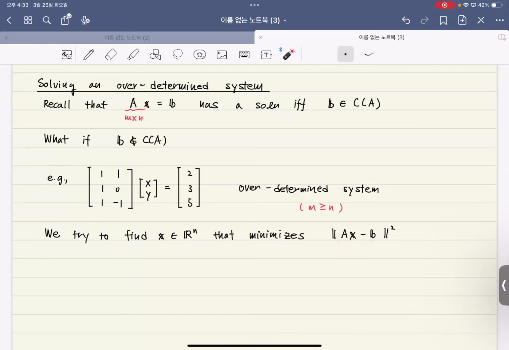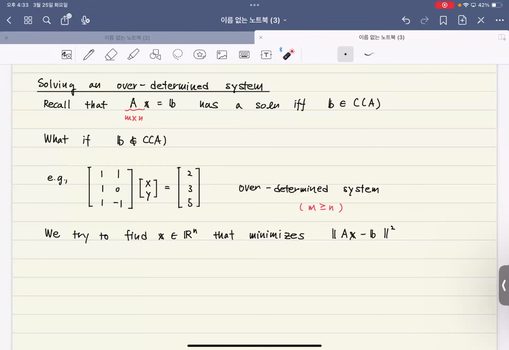What is this number? This is the difference between Ax and b. If the system has a solution, then the minimum of this number should be 0, which is good. But if b is not in the column space, there is no such x that makes this equal to 0.